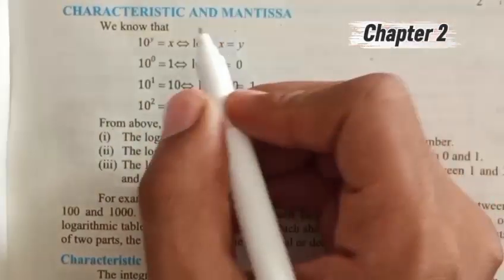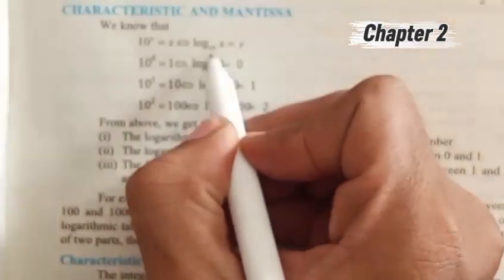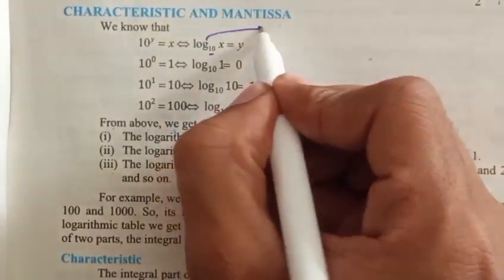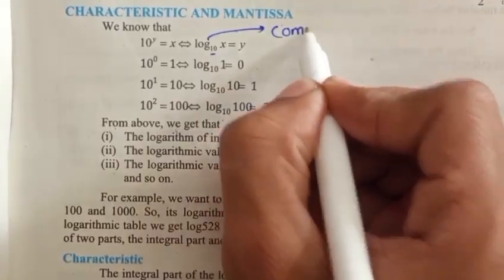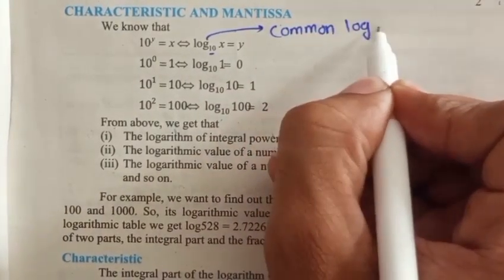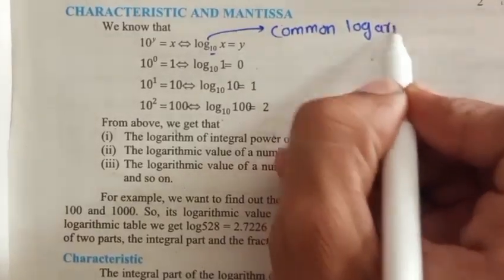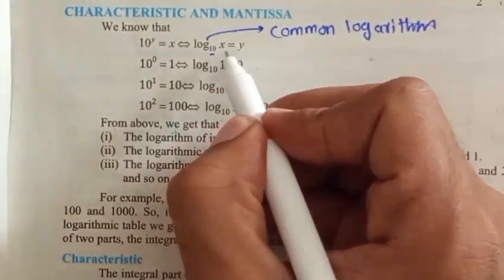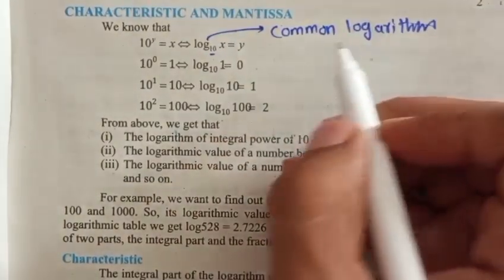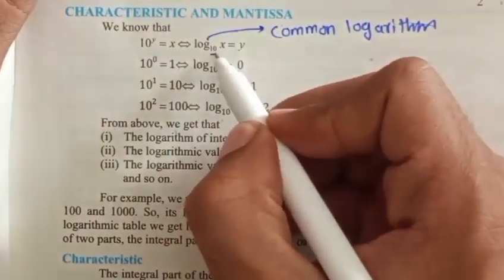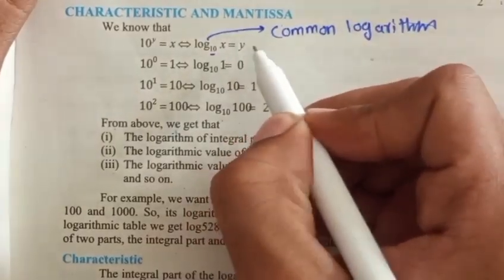As you know, if log has base 10, this is called common logarithm. If it is log base 10, it is called common logarithm, and it is written in the form log base 10 of x is equal to y.